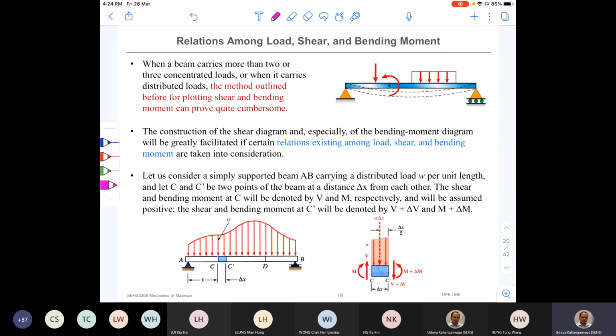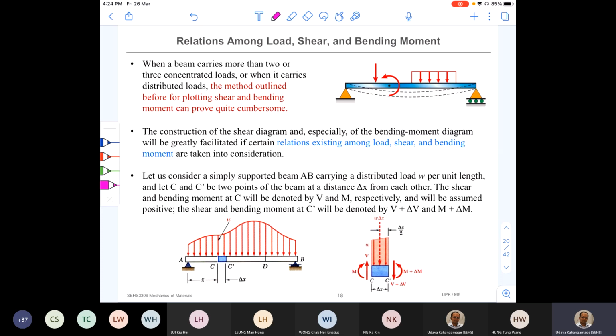Now we understand why we need another method: we need a simple method. This simple method, or kind of simple, is developed by looking at the relationship between load, shear force, and bending moment.